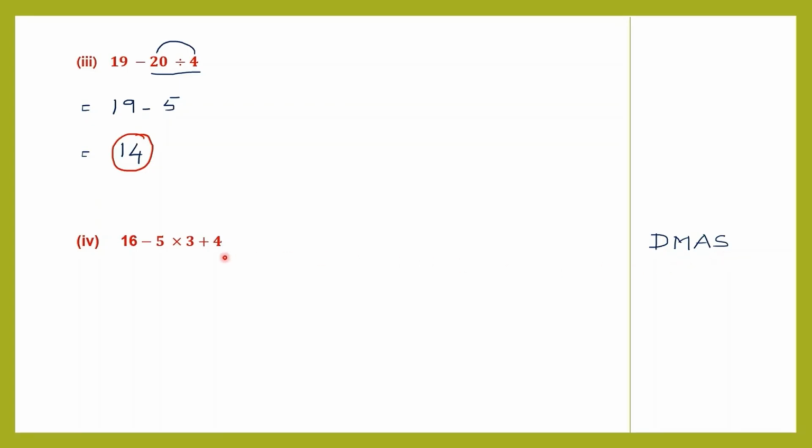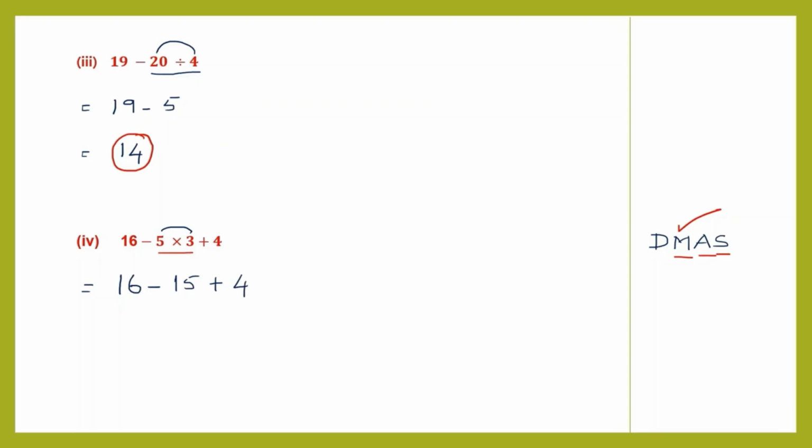So according to this, now here we have subtraction. So let's mark it here, subtraction. Then we have multiplication and then we have addition. So according to BODMAS, we have to do multiplication first. That means we need to multiply 5 into 3. So let's do that. So this is 16 minus 5 3s are 15 plus 4.